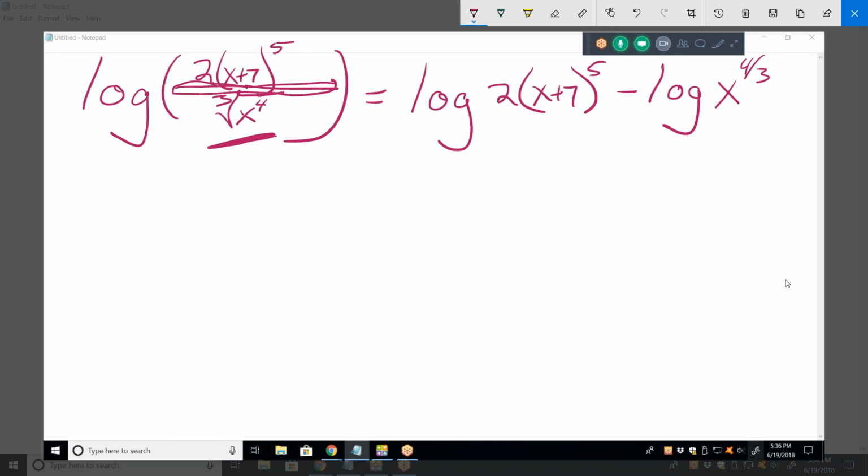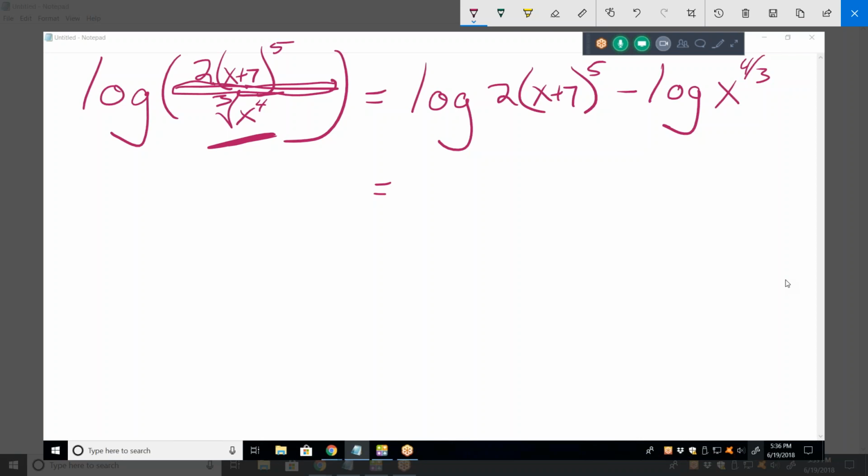Now, we haven't fully expanded it yet. We still have one last step we can do, which is what? I guess take out the log 2 or distribute it? No, actually, you can't do that, because notice the 2 is not being raised to the 5th power.